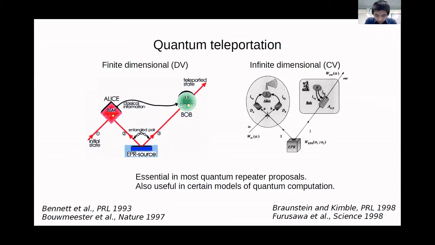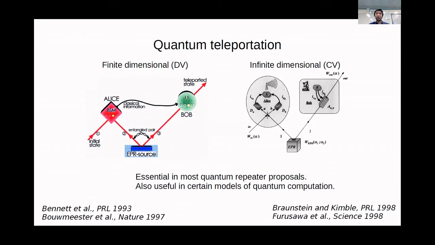Now, it can be argued that we know almost everything there is to know about quantum teleportation. For example, we know that all teleporters fall under two categories: discrete variable and continuous variable.